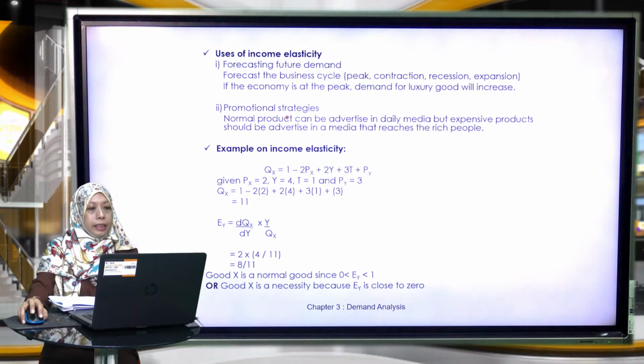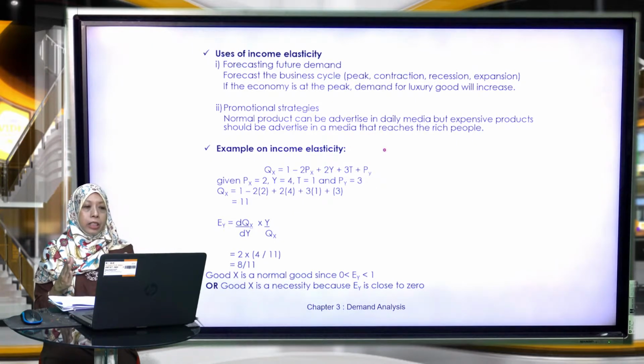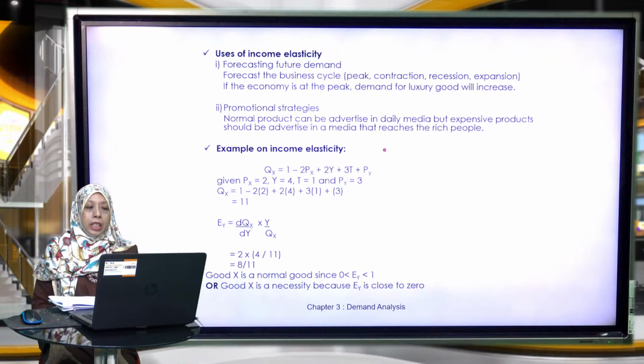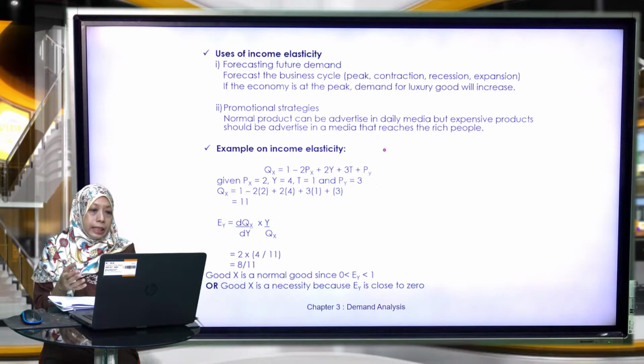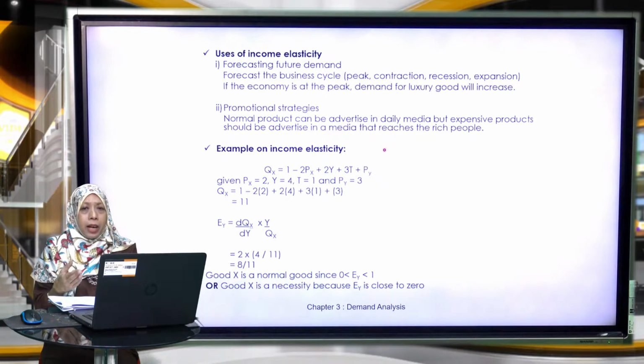Now, the second use of income elasticity is that it can help you with planning your promotional strategies. So let's say you have identified that your product is a necessity product. That means you don't need very intensive marketing strategies, because when it comes to a necessity product, people will more or less consume the same quantity.